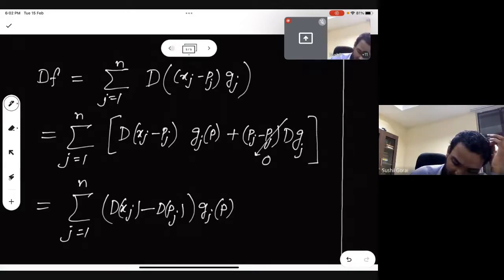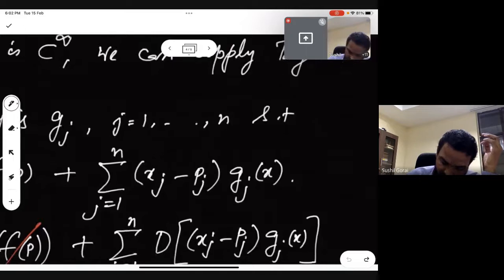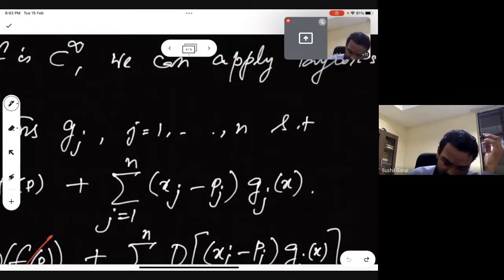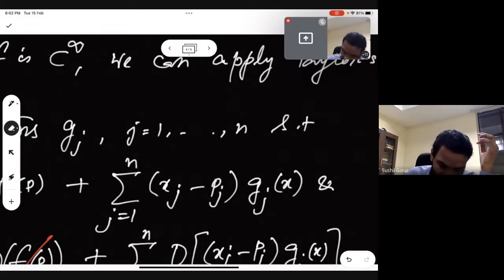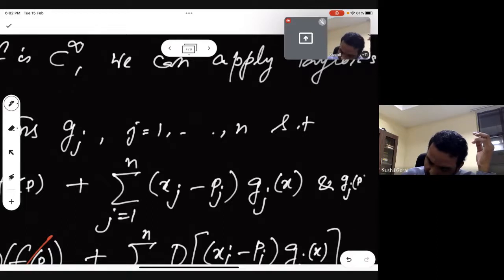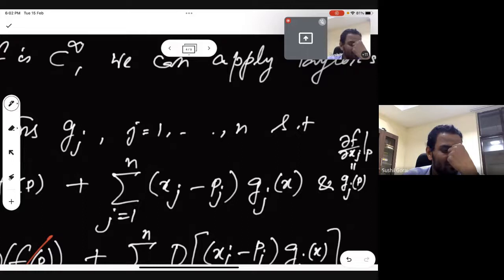Well, there is a mistake here, so I need to specify what it is. There exist functions gj such that this holds, and there is one more property: gj at p is del f by del xj at p. This is important.